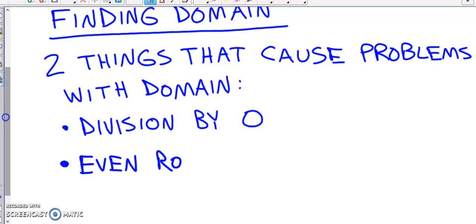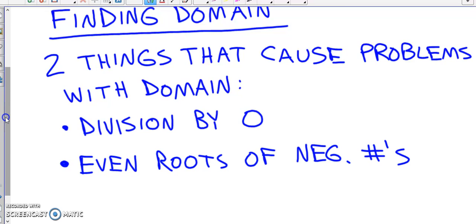So even roots of negative numbers. Those are the things that you're looking for when you're trying to find the domain of a function. If it has any of those, those are the things you have to avoid. If it doesn't, then generally speaking, the domain of your function will be all real numbers.